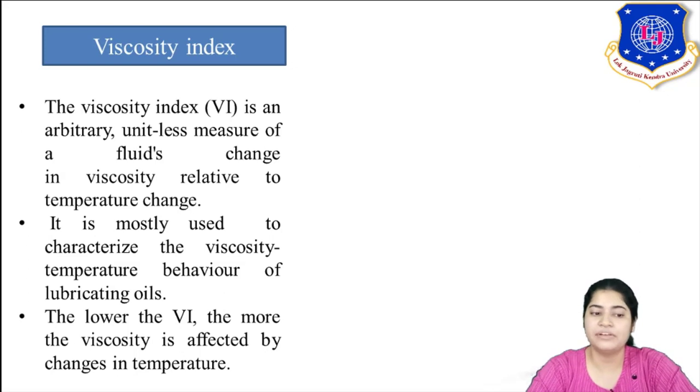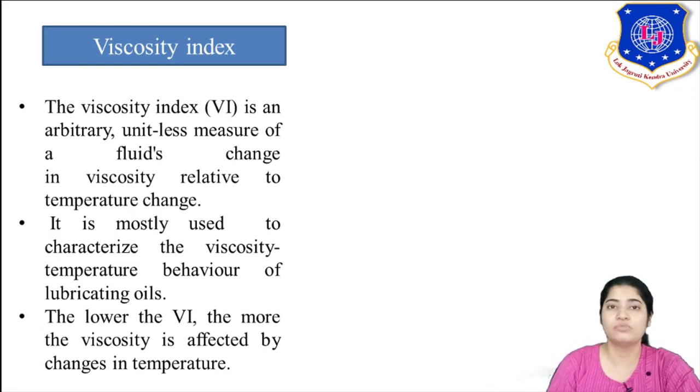It is an arbitrary, unitless measure of a fluid's change in viscosity relative to temperature change. This is an empirical formula which relates change in viscosity with change in temperature. It is mainly used to characterize the viscosity-temperature behavior of your lubricating oils. It is important for bitumen also, but this property is mostly important for lube oils, because here we are talking about the lubricating property.